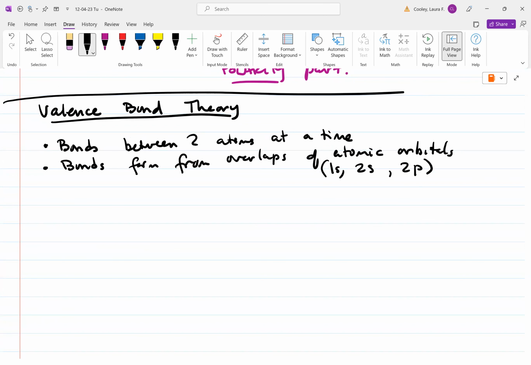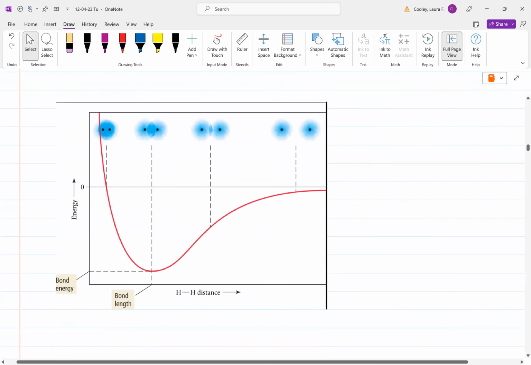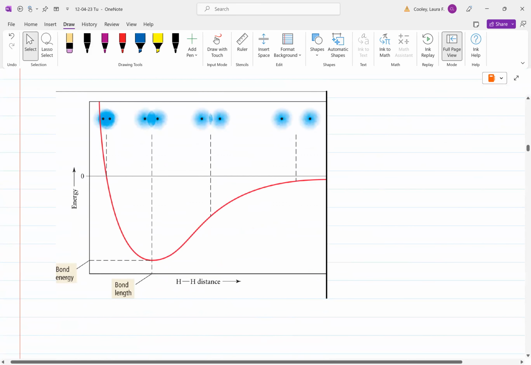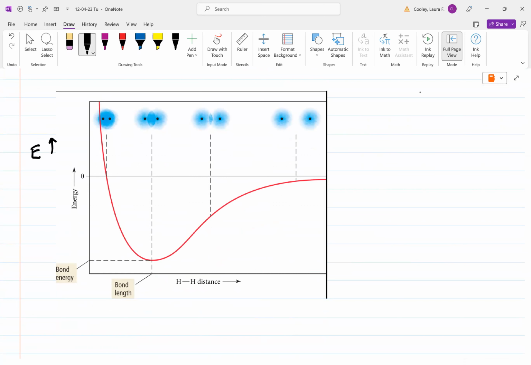Okay. So what I want you to do first is look at this diagram. It's an interesting diagram. It's got energy here. And what I want you to focus on are these pictures here. We have these two atoms that are far apart here. They're far enough apart that there is basically no interaction.